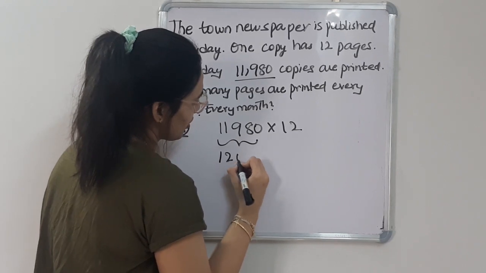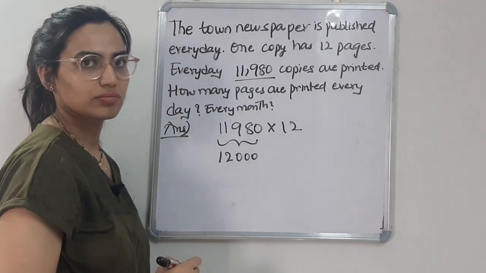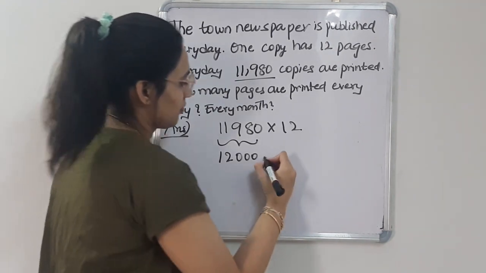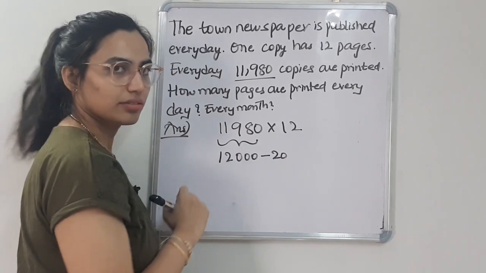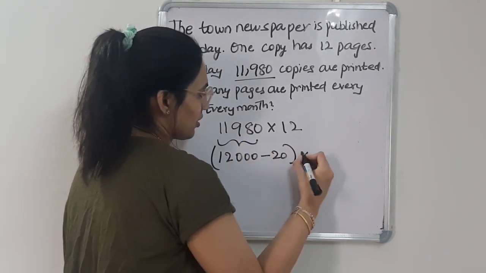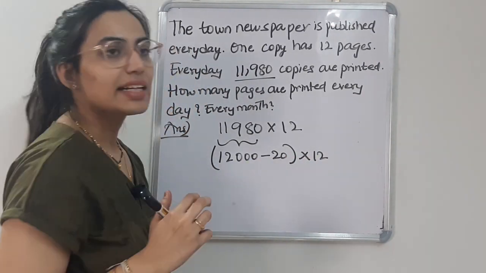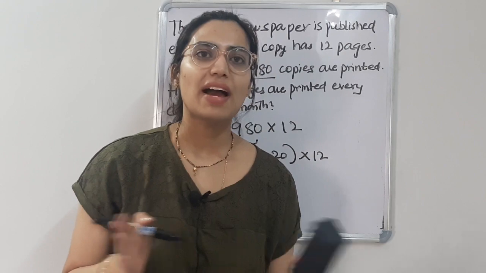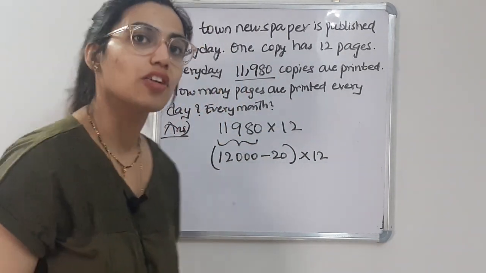Is it not 12,000 minus 20? Right? You can also take the 0 to simplify the calculation. Into 12. Now, there is a concept called expanding the brackets. This is nothing but the distributive law.